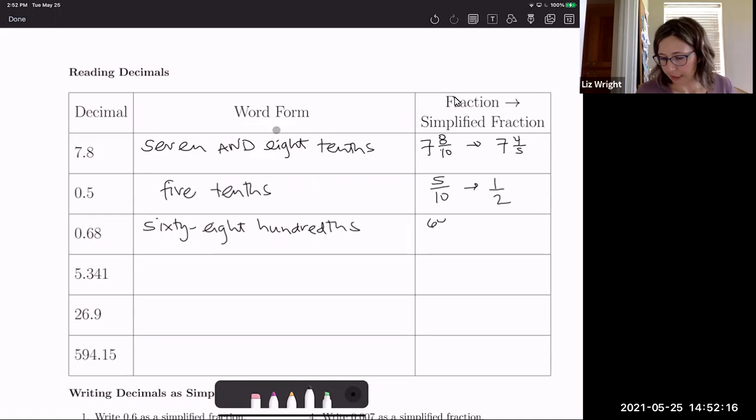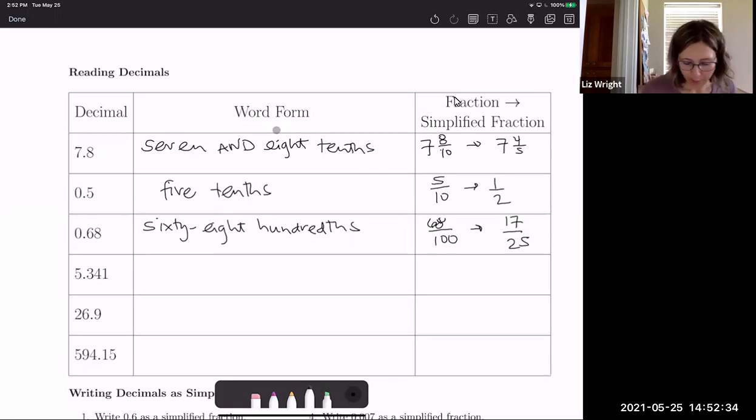So we're going to do 68 over 100. Divide them both by 4, and we should end up with 17 over 25.